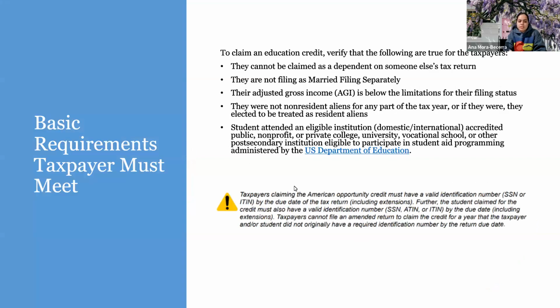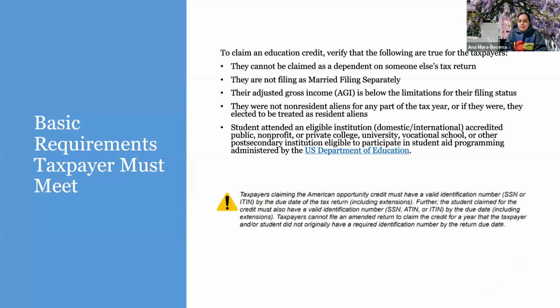This one is just the basic requirements that must be met by the taxpayer. They need to be not claimed by someone else as a dependent. They cannot be married filing separate, and their AGI must be within the limitations of their filing status.